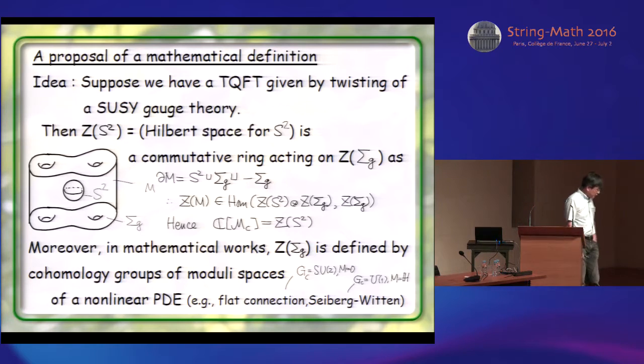So there's only the trivial connection, and its cohomology is trivial. But as I said, for SU(2) and M equals 0, the Coulomb branch should be the Hitchin moduli space. So this answer is certainly not correct. So I slightly modified it.